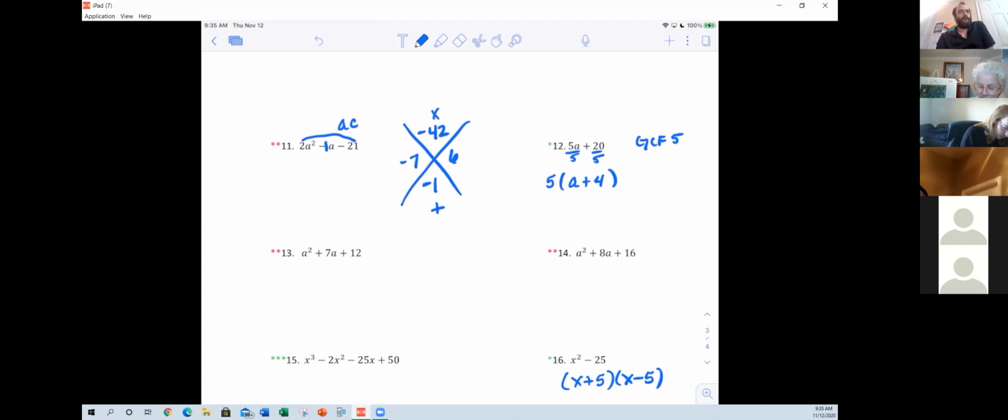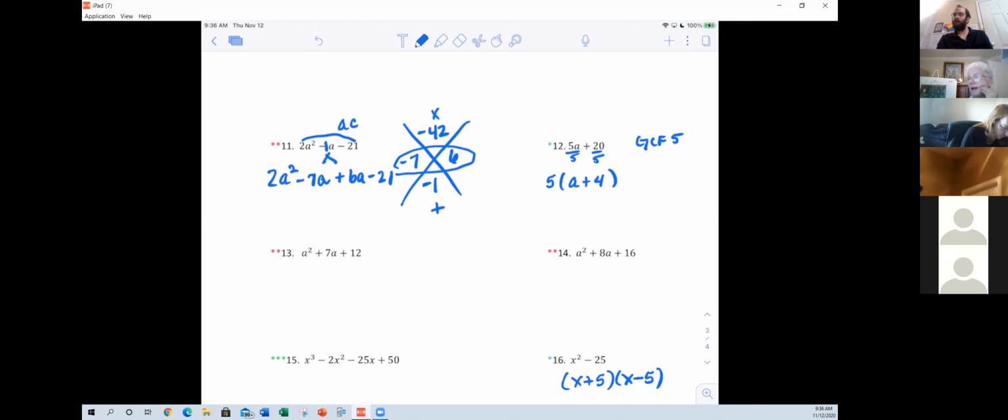So now we're going to have to split this up, and I'm going to write 2a squared. If I have a choice, it doesn't really matter which I write first, but I always write the negative one first because it just makes things a little bit easier. So I'm going to write minus 7a plus 6a minus 21, because I can split that negative 1a into negative 7a plus 6a.